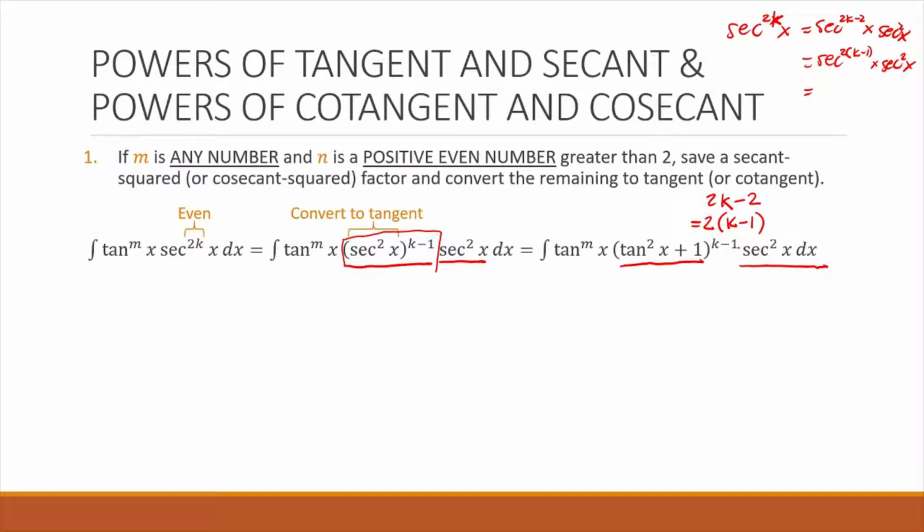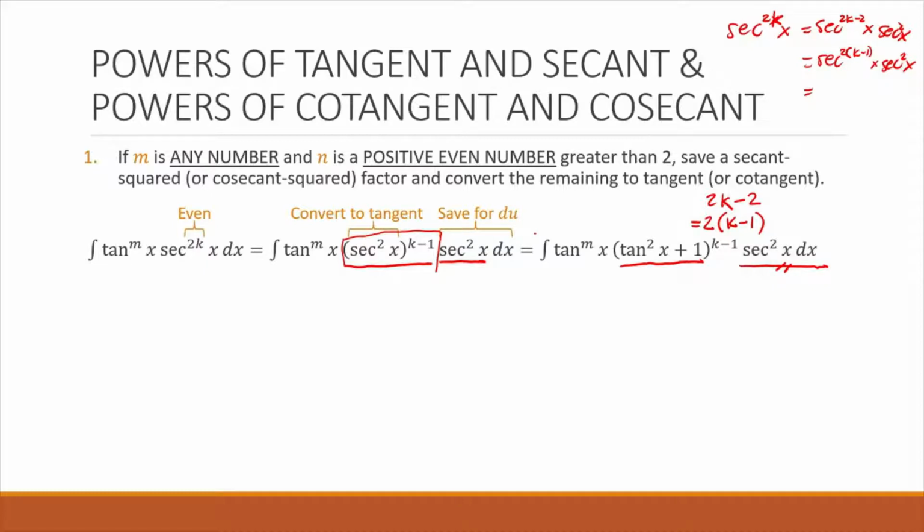Okay, so let u be equal to tangent, du is secant squared x dx. So after everything, readily integrable na siya, after we do this simplification or simplifying techniques. Again, the secant squared x that was isolated earlier, we use it to satisfy du.